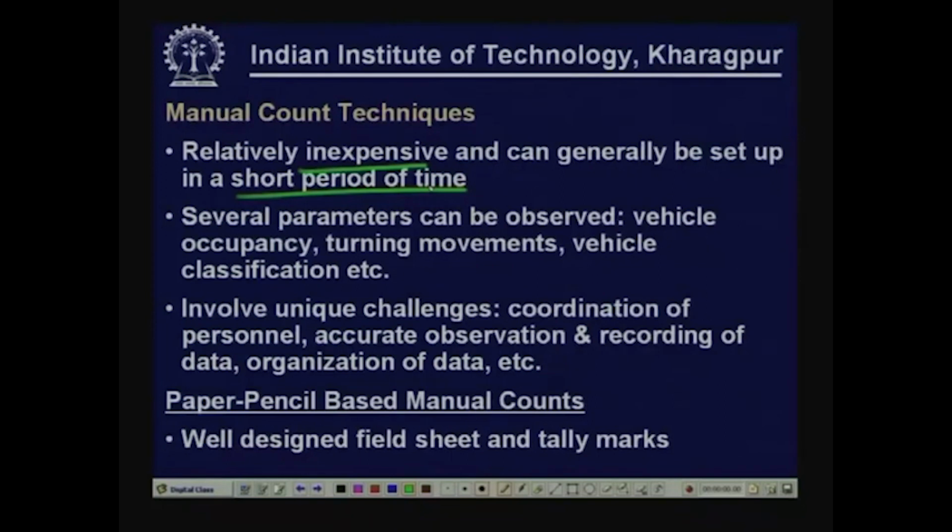There are other advantages also, like several parameters can be observed which are difficult or impossible to observe practically with an automatic or machine based recording system, like vehicle occupancy. Then turning movements: how many are turning left, how many are turning right, how many are going straight in an intersection. So, this kind of data: occupancy data, turning traffic data, vehicle classification data.